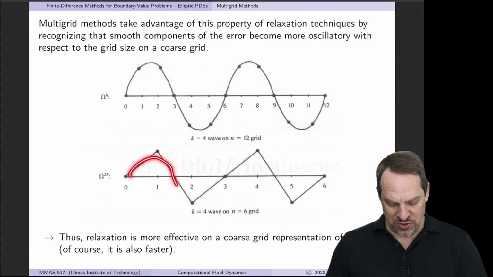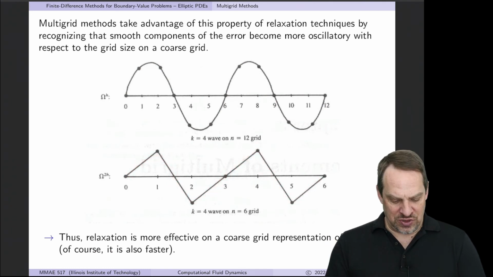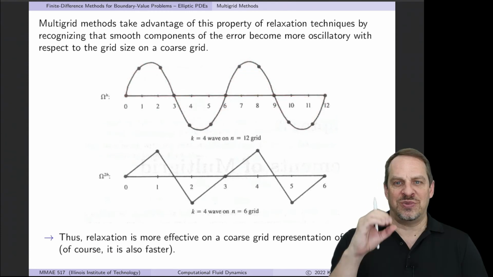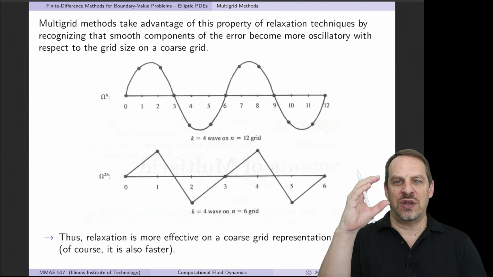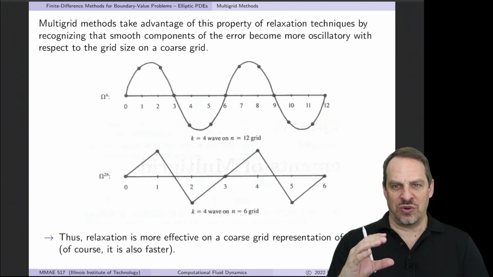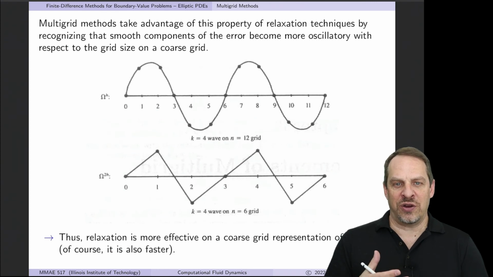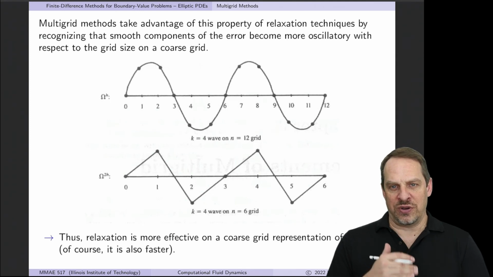So here it's 4 half sine waves over 6 intervals. Here it's 4 half sine waves over 12 intervals. So I'm taking the same error at a particular point in my convergence process, I'm representing it on a coarser grid, and in doing so, the algorithm is going to see what looks like higher frequency modes in the error, and therefore any iteration that I do on that grid will be more effective.